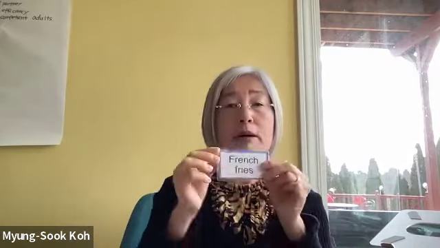French fries, put it under French fries, and then towel, give it to the child. And then the child will put it under the towel because they know the picture. Fish, and then give it to the child, and the child will find the fish picture and put it under there. The child doesn't know these words yet.